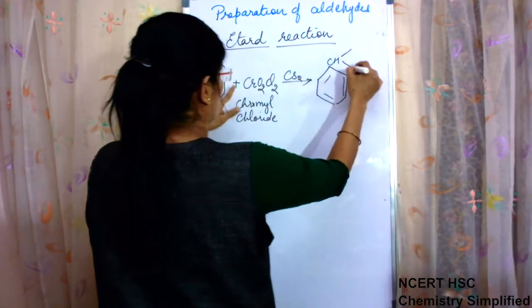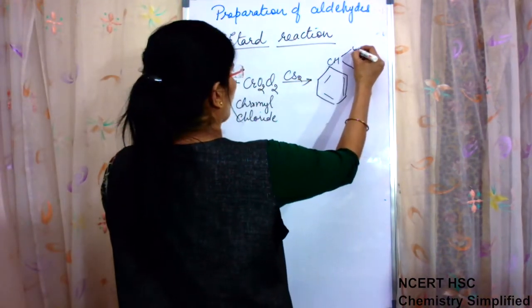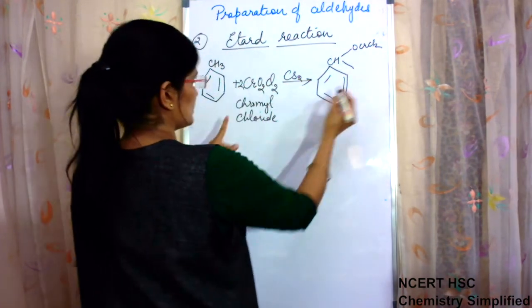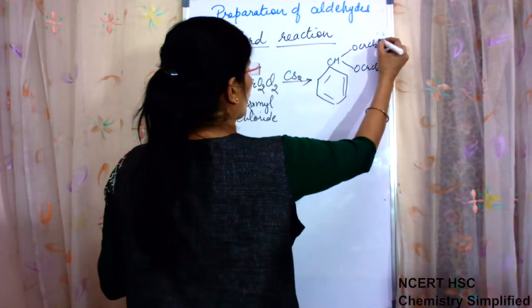CH and this is introduced here as OCrCl2. Two molecules are needed, OCrCl2 OH.